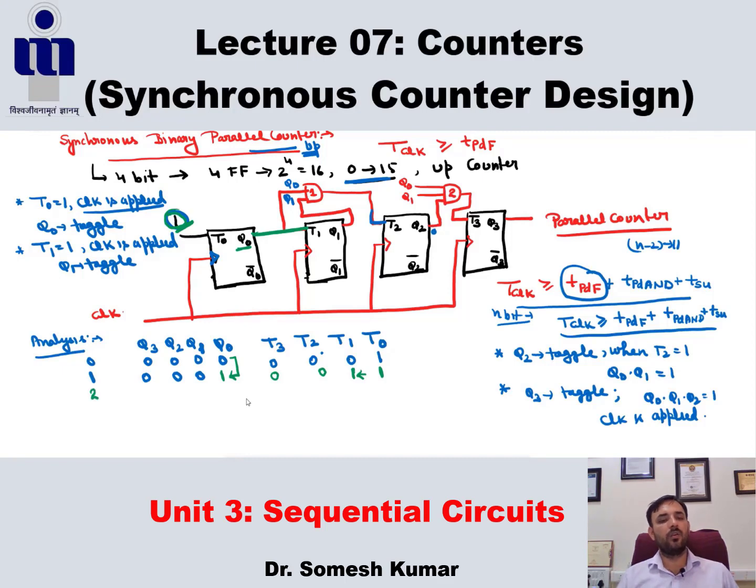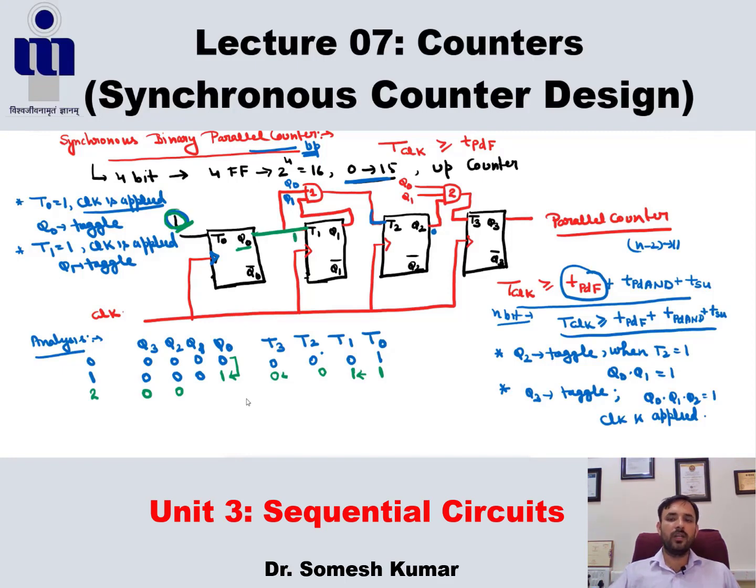If the second clock is applied, what about Q3? Does Q3 remain 0 or 1? Q3 remains 0 because T3 is 0 here. What about Q2? Q2 also remains 0. What about Q1 now? In the previous step T1 became 1.